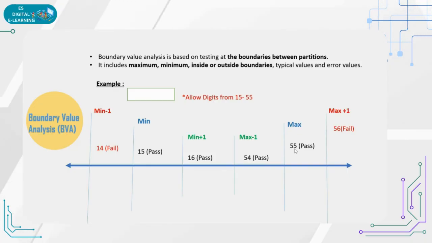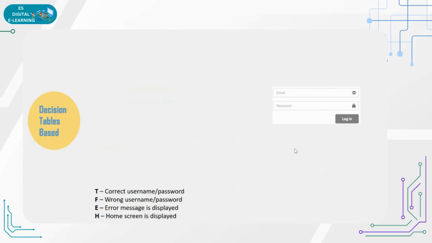Okay. Next is the decision table. So for the decision table, you have Gmail, no? Gmail and password. Just consider this as an example. You need to do the testing. How will you do this?